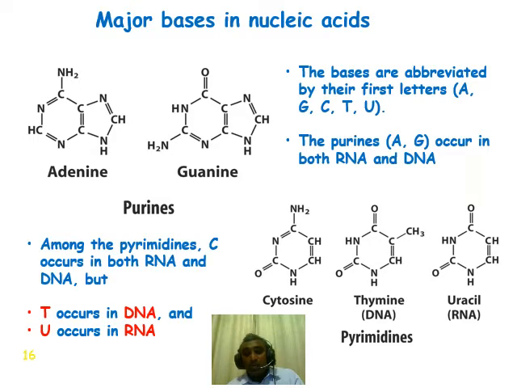Thymidine is only found in DNA, together with the three other bases, that is adenine, guanine, cytosine. While in RNA, there's no thymidine, but you have adenine, guanine, cytosine, as well as uracil. So that's the understanding about this slide.